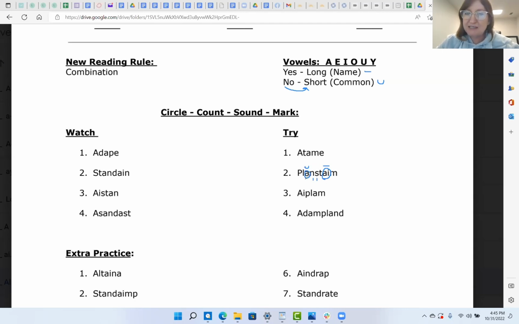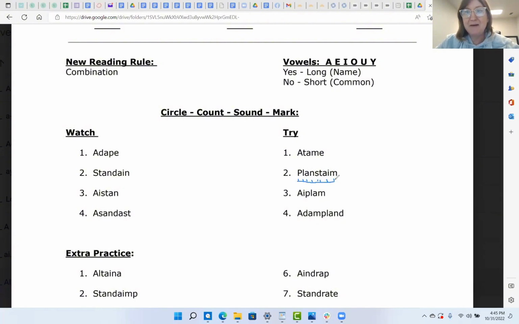When we pencil read it, it's going to sound like p, l, a, n, s, t, a, n. I pencil read that awful. Sorry, guys. I'm going to do that again. I skipped one, which is exactly why we pencil read. P, l, a, n, s, t, a, n.